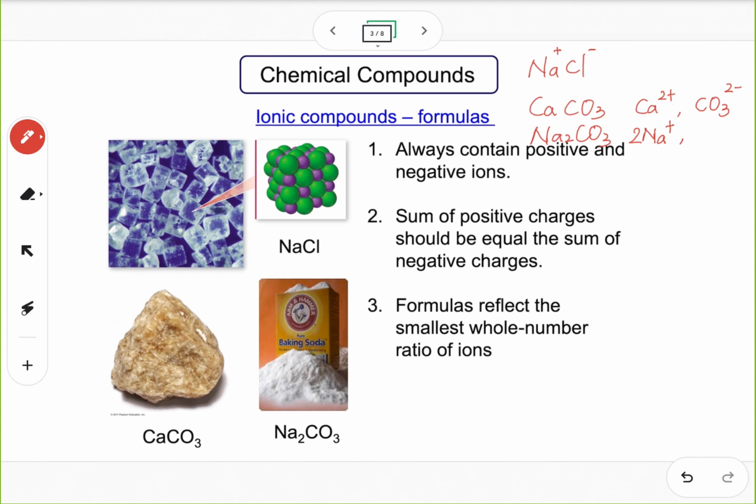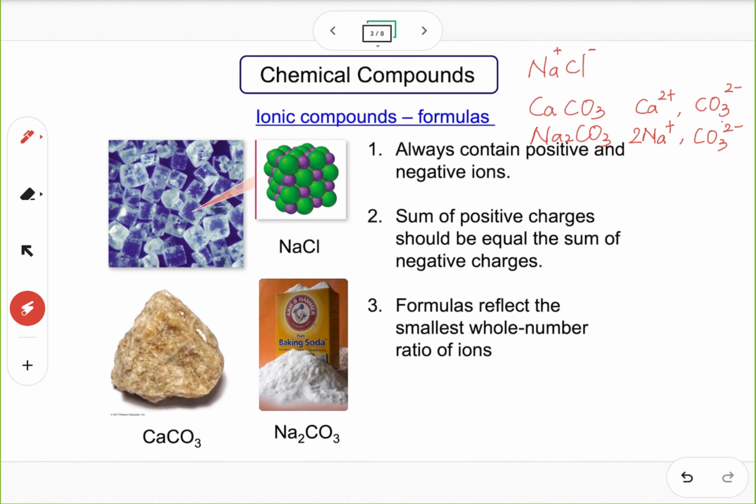Meanwhile, the negative ion is carbonate, which has 2 negative charges. As you notice, the charge is still balanced. 2 positive charges cancel the 2 negative charges, so sodium carbonate remains neutral. Okay, so this is the second property.